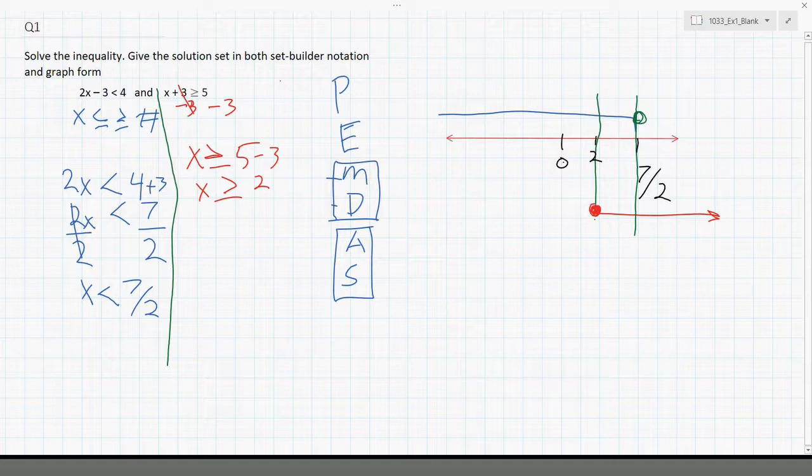So if we were to write that in interval notation, we'd say that it has a bracket at 2, and it went to 7 over 2 with a parenthesis. That's how we would write this for this AND. The graph form is basically drawing it, which we already did, and then we sketched the two and said that this is the actual true graph of it.